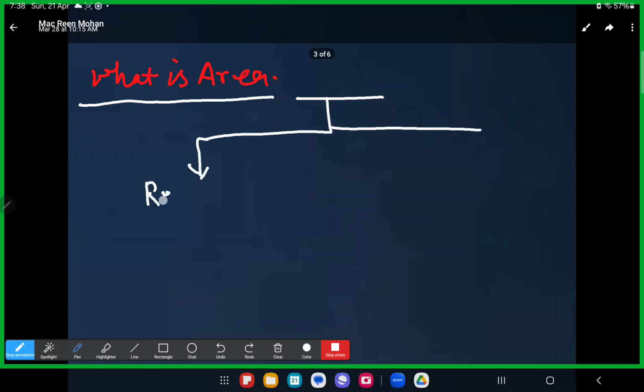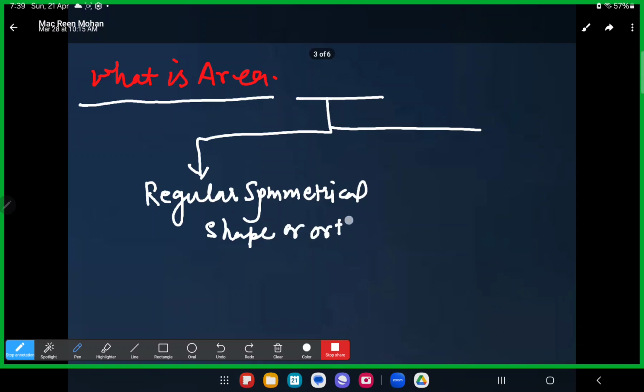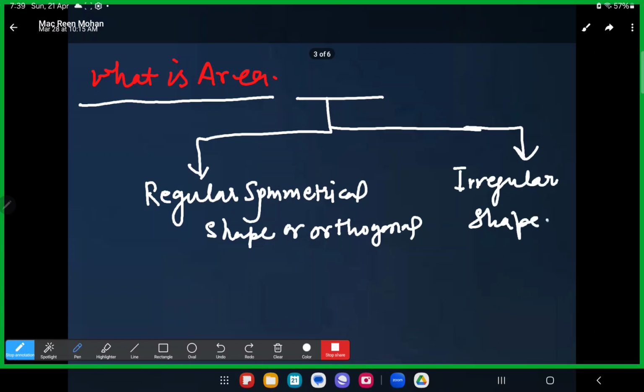One is called a regular, symmetrical shape, or we can say orthogonal. Fine. And the next, that is not qualifying the given criteria, irregular shape. So what do you mean by it?